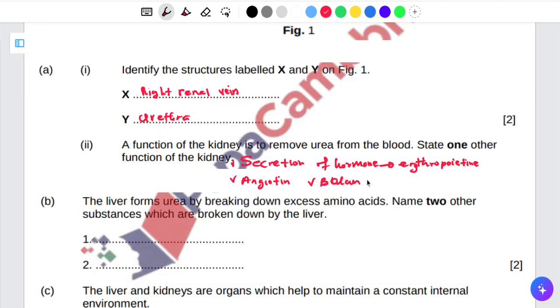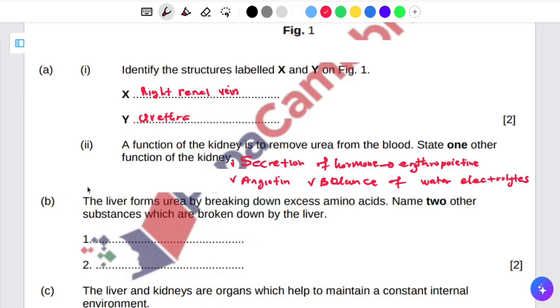It's a very, very important organ. So these are very important to know, and we can just choose one from these. It has a lot of functions.